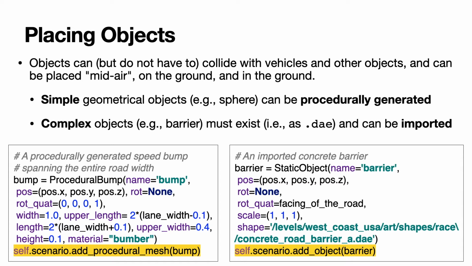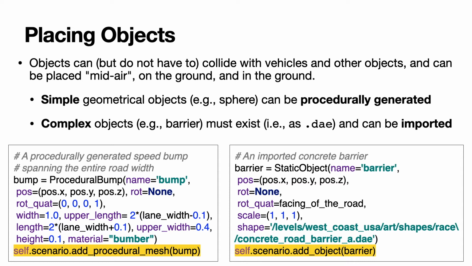What you need is one of these DAE files. A DAE file, and I'm not going into the detail, is basically a 3D modeling file. What I've done, for example, in this case, is to browse the different levels that already exist in the system, and they come with tons of those models. I chose the one that I liked.